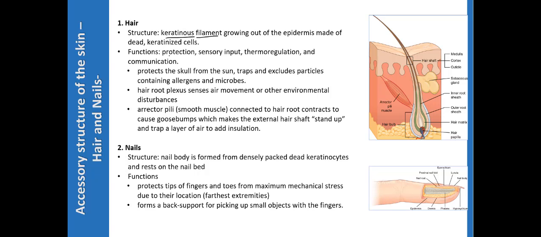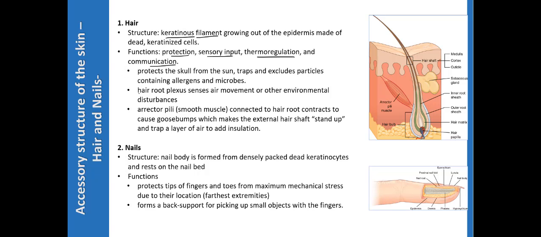Function of the skin is to protect, has a sensory input. So people that have got hairy skin can actually sense mosquitoes or other insects before they actually land on the skin surface. But our hair also provides thermoregulation, right, as well as communication.